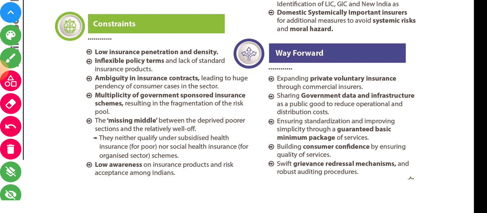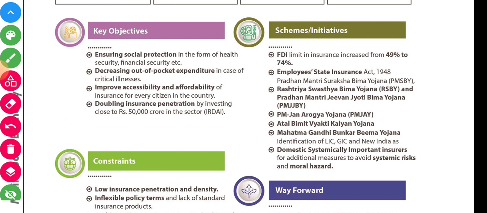They neither qualify under subsidized health insurance for the poor nor social health insurance for the unorganized sector scheme. Low awareness of insurance products and risk acceptance among Indians, and schemes related to the insurance sector by the government.